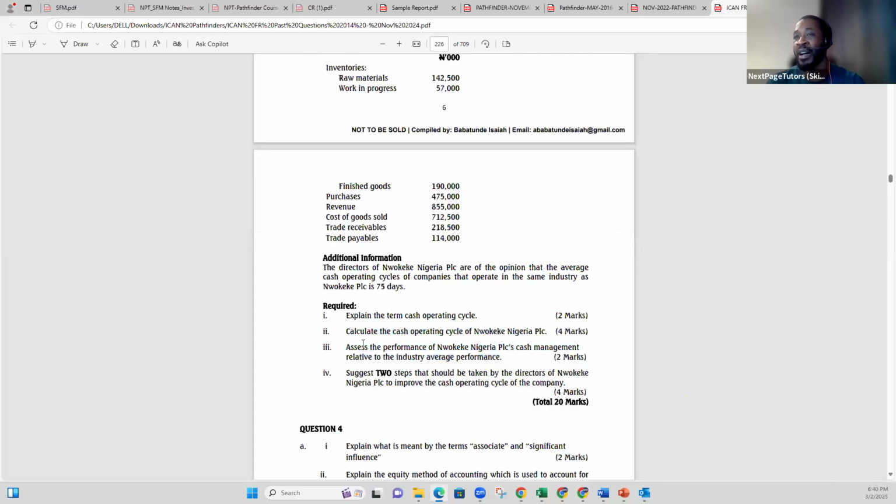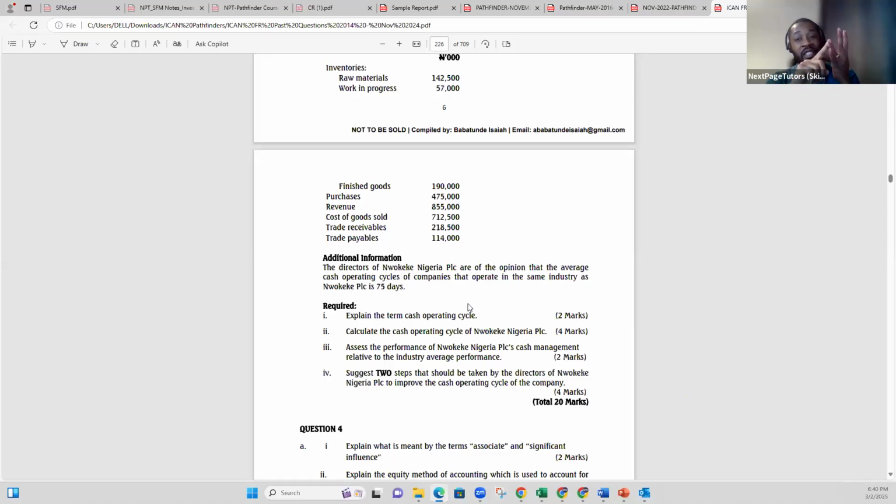So let's take a look at the B part. Who was reading? B. Calculate the cash operating cycle of ACCA Nigeria PLC. So what is the cash operating cycle? What's the formula? Inventory days plus receivable days minus payable days.